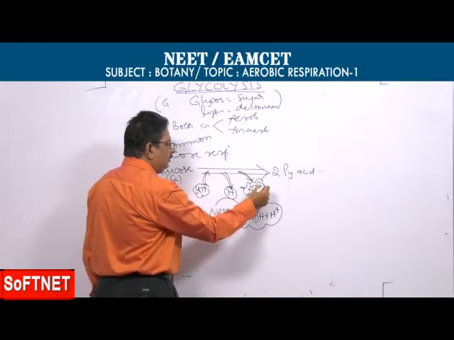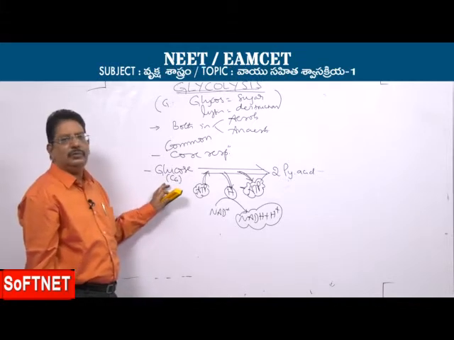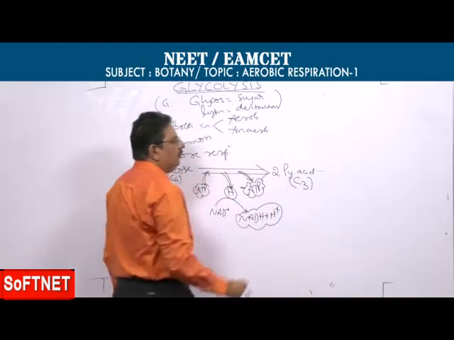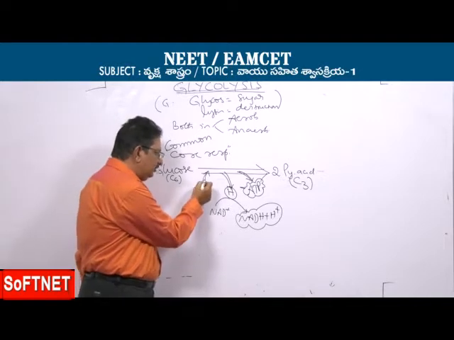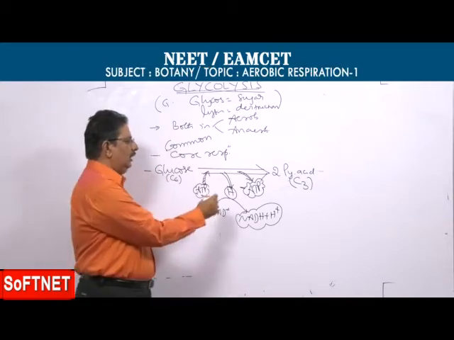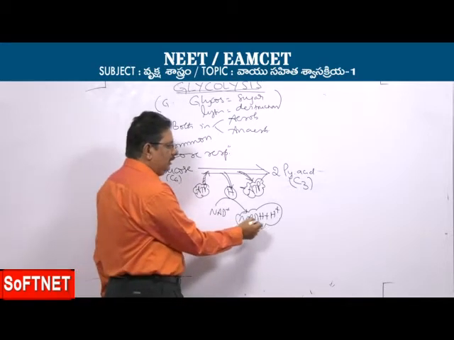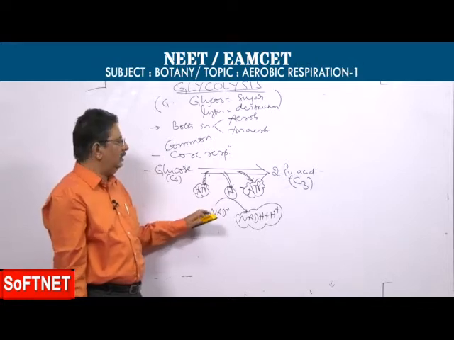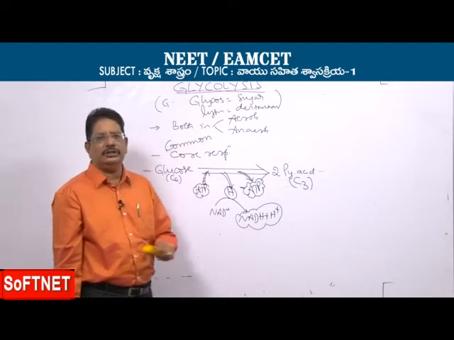So, if you see the summary of glycolysis, a hexose molecule is converted into two molecules of the C3 compound pyruvic acid, during which ATP is utilized, ATP is synthesized, and hydrogen atoms are removed to form NADH plus H plus. So, by seeing this, one can say glycolysis is not going to be complete in one step.